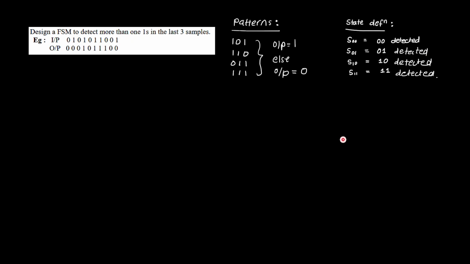So if a new input comes, for example a 1, then the next state will transition to the 10 state. Such machines are also known as Mealy machines, where the state transition is decided by the current input.